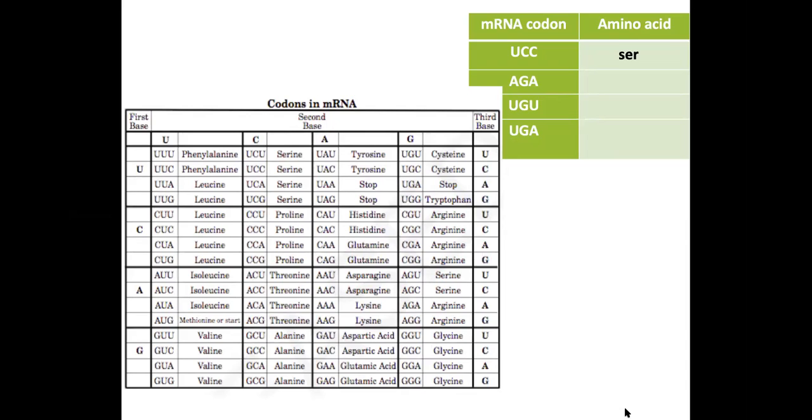Arginine. A-R-G. Okay. Everybody got the hang so far? All right. Next, we've got UGU. Cysteine. So C-Y-S. All right. And last is UGA.